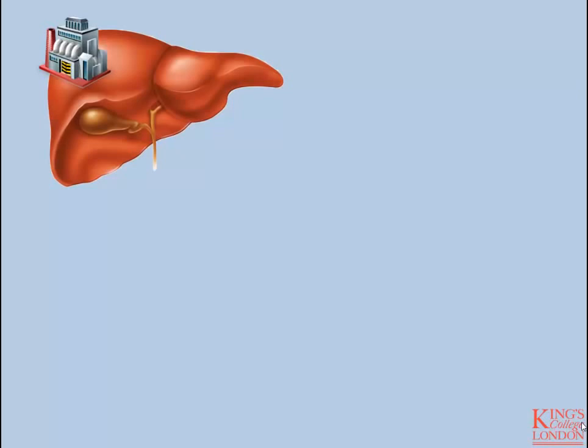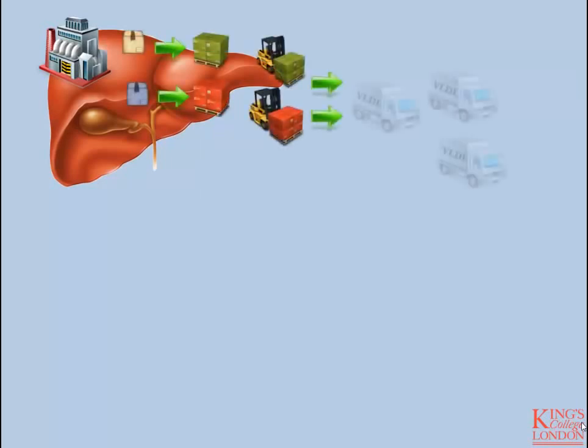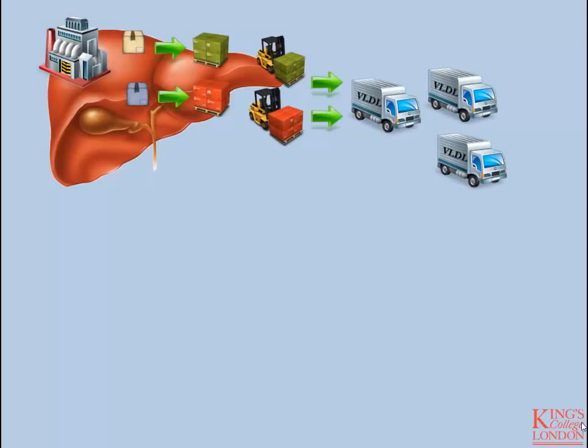It's capable of taking dietary... In this particular case, the factory, being the hepatocytes, are capable of taking previously produced triglyceride and cholesterol, or producing its own fatty acids, triglycerides, and even cholesterol, and then packaging them into VLDL particles for transport to other cells and tissues.